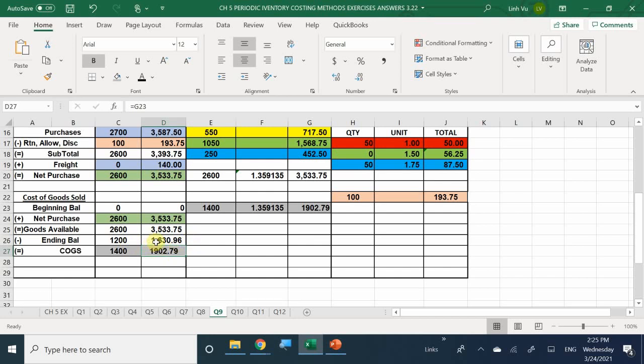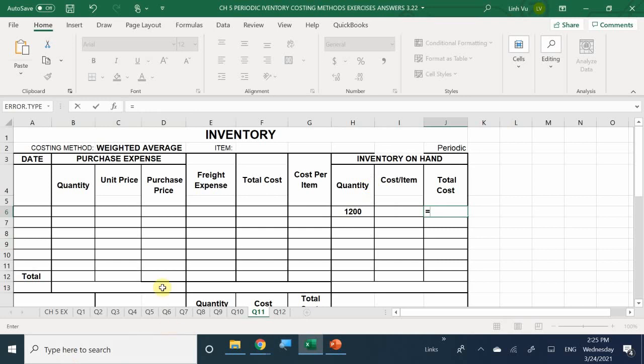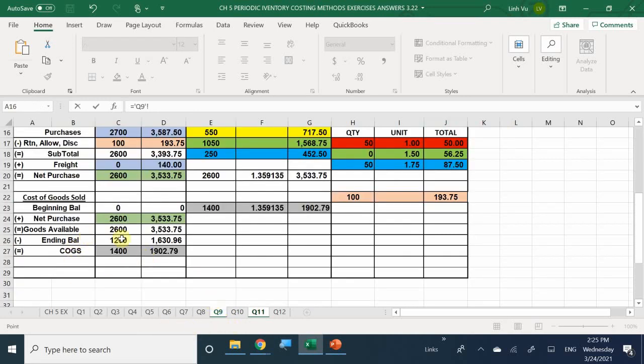So I'm going to carry this information over onto my new inventory worksheet for question 11. Right here, inventory on hand. This is what we actually have in inventory. We have a total of 1200 units, and we are given that the total of it is going to be 1690.96.